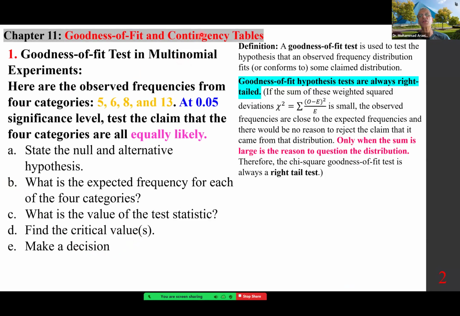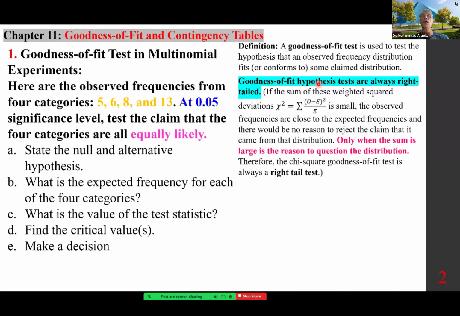So here's the definition. A goodness of fit test is used to test the hypothesis that an observed frequency distribution fits or conforms to some claimed distribution.